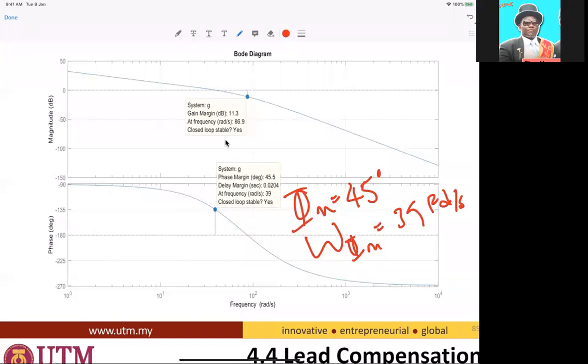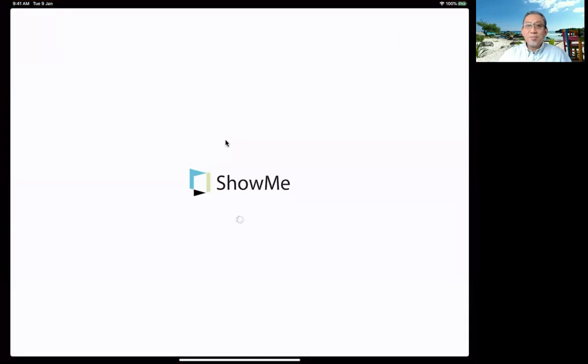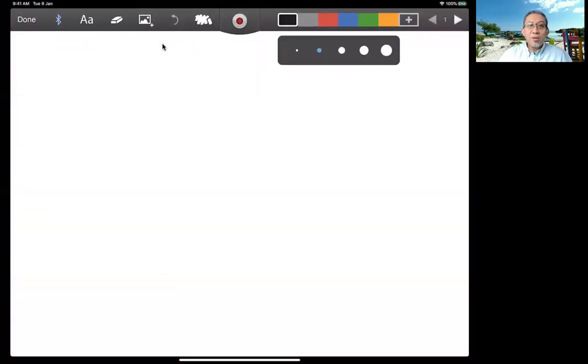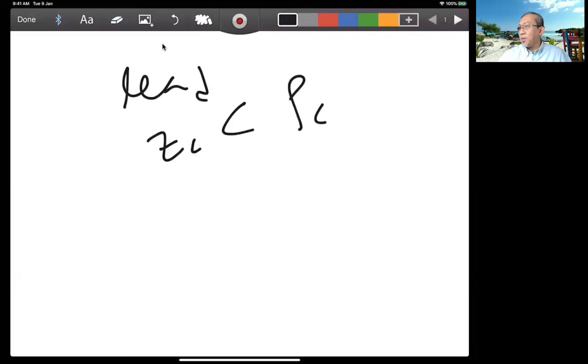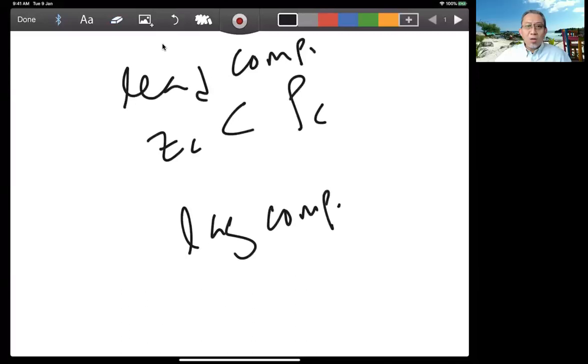Okay, saya pakai whiteboard lah, senang. Lead, ZC less than PC. Lag compensator. COM tu bukan komputer, COM tu adalah compensator.